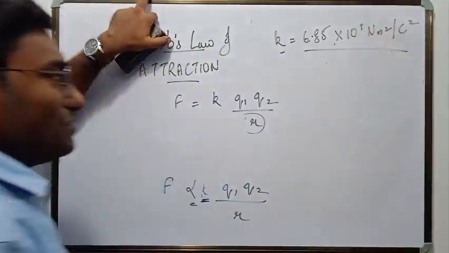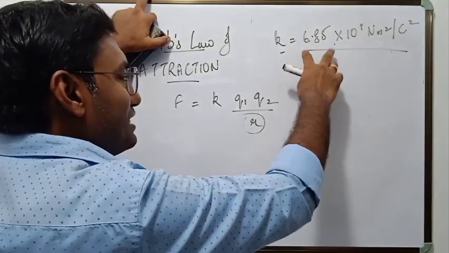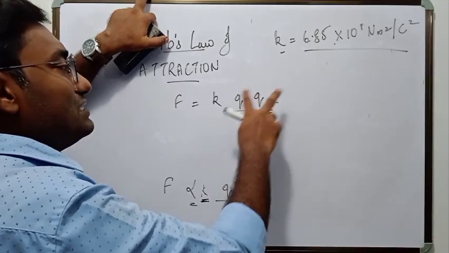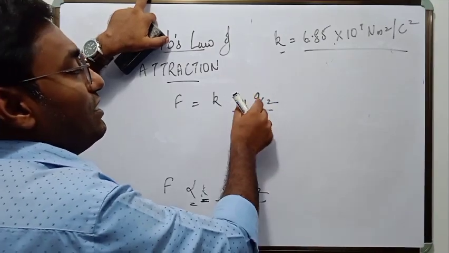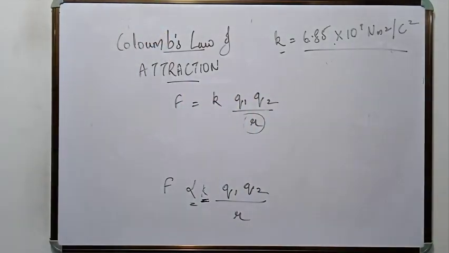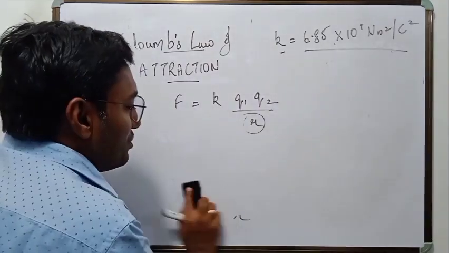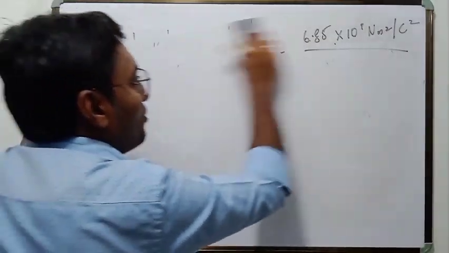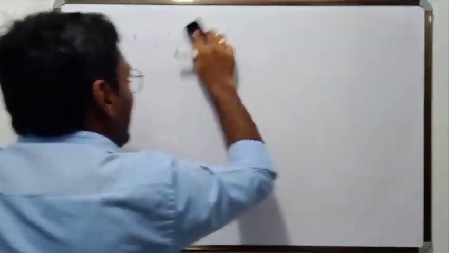It represents the force of attraction when unit charges are separated by unit distance. I hope you have understood this. So that tells you accurately the strength of the ionic bond.